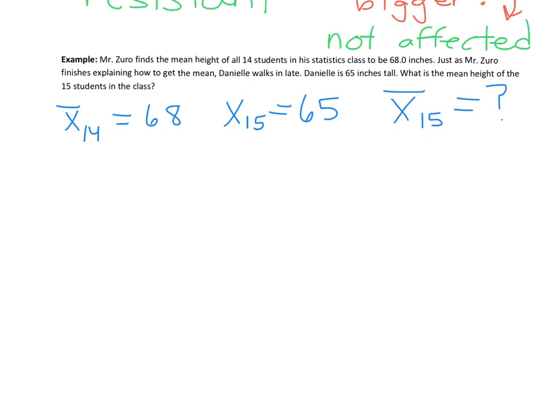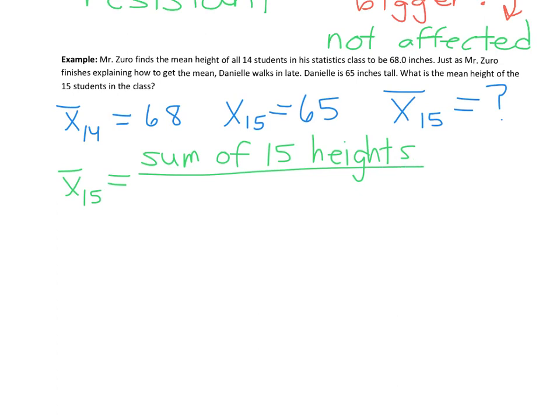Let's write down other things we know. I know that if I wanted to find x bar with the 15 students, I would have to take the sum of all the students' heights, and I would divide it by 15.